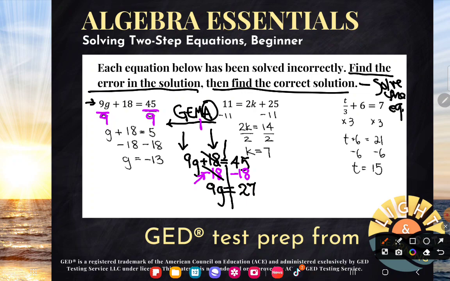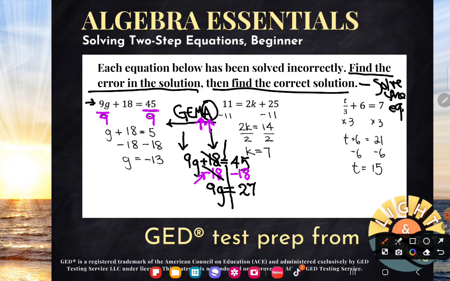And this student tried to take away the number that was multiplying before they tried to take away the number that was adding or subtracting. And you're right, they made an unwise move, which is why they went wrong here. But I could have divided by 9 on both sides if I wanted to, because literally you can do whatever you want to an equation.